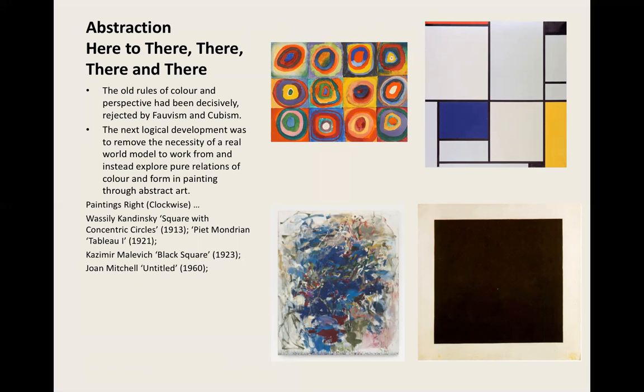And I've put a range of different 20th century work there. There's Kandinsky, who was an original expressionist. There's Mondrian, who was working with geometric abstraction. There's Casimir Malevich, famous black square.